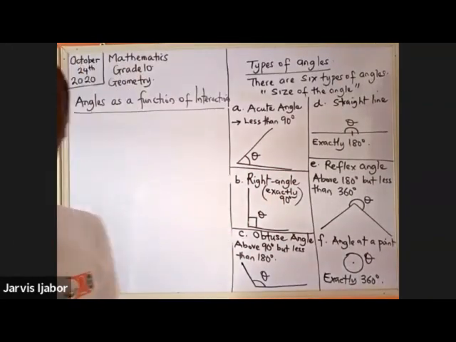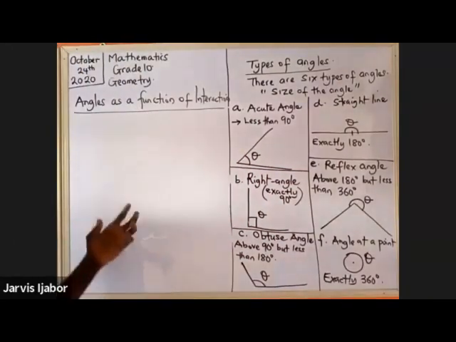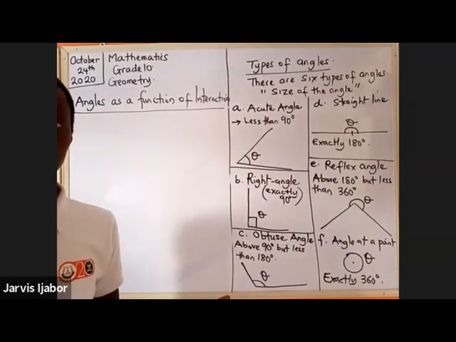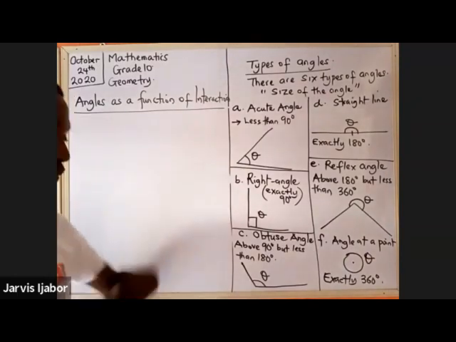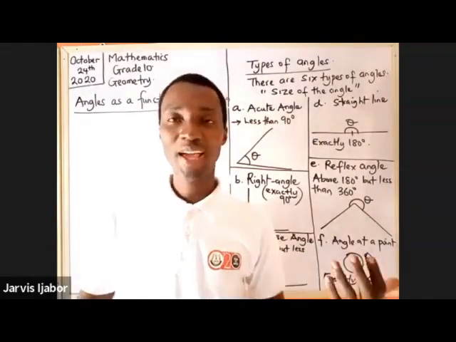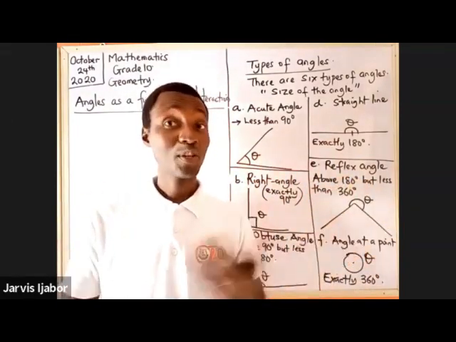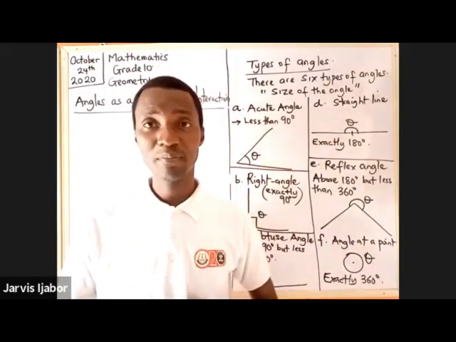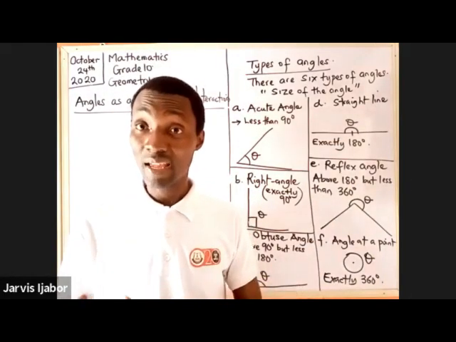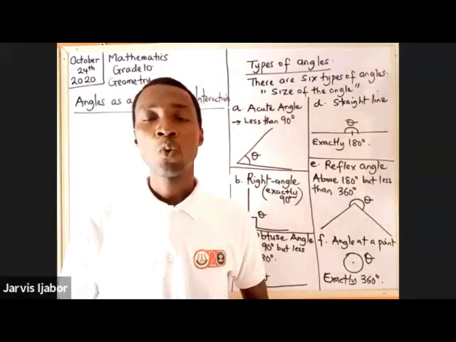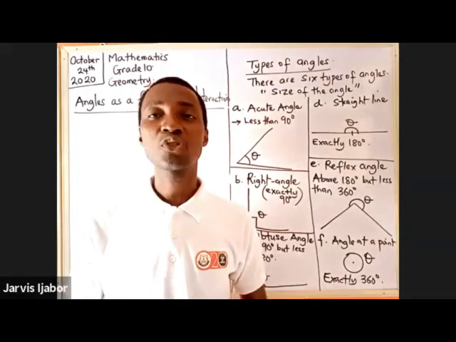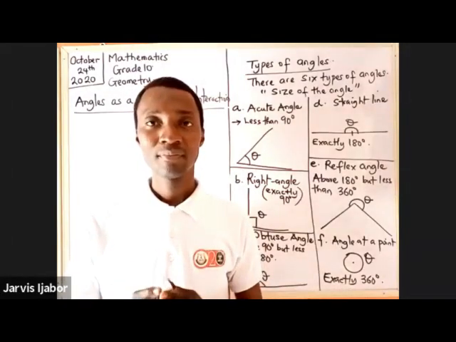So we'll now consider angles as a function of interaction. Just as when we talked about lines, we talked about types of lines, there's even something I left out, maybe in the course of teaching I'll go back to look at those areas. We also have angles as a function of interaction.